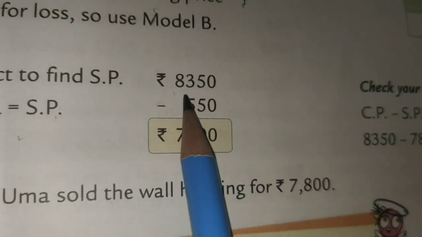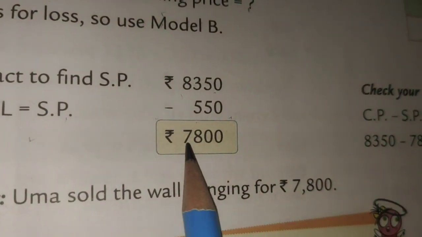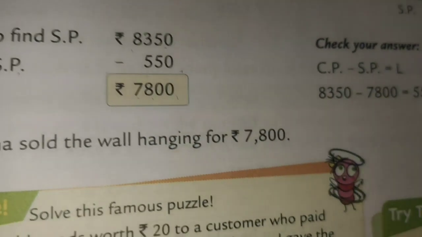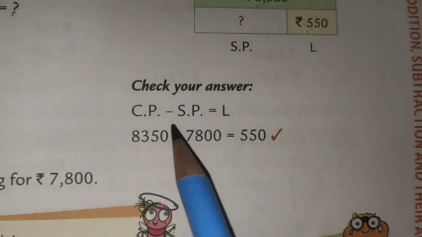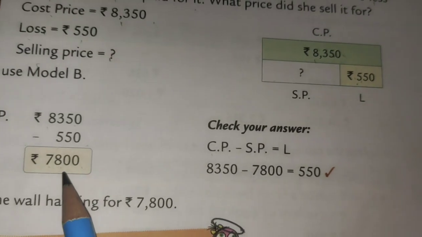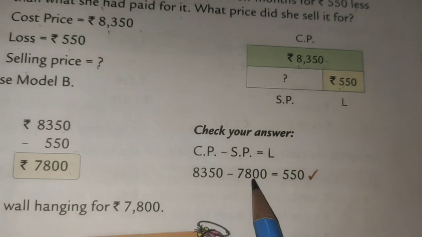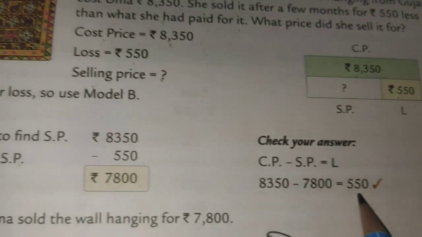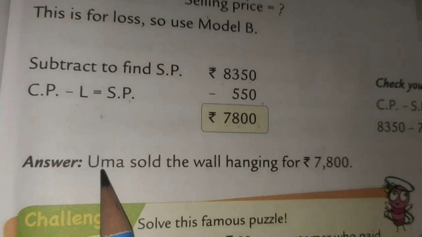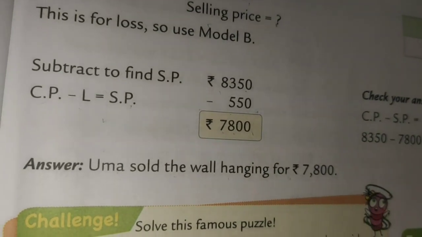So 8,350 minus 550, so the answer is 7,800. At the end you have to check your answer also, whether you are right or wrong. Cost price 8,350, selling price 7,800, the loss is 550. This way you write the last answer: Uma sold the wall hanging for rupees 7,800.